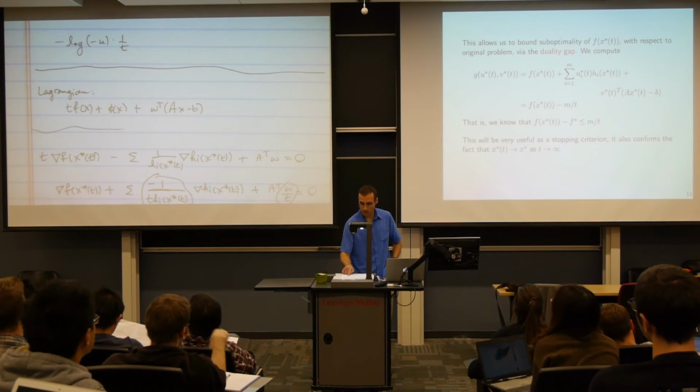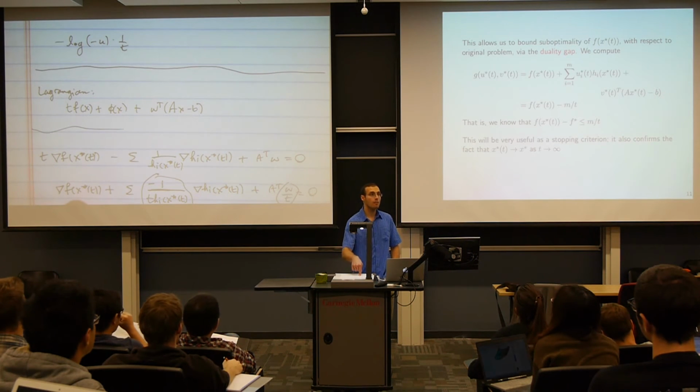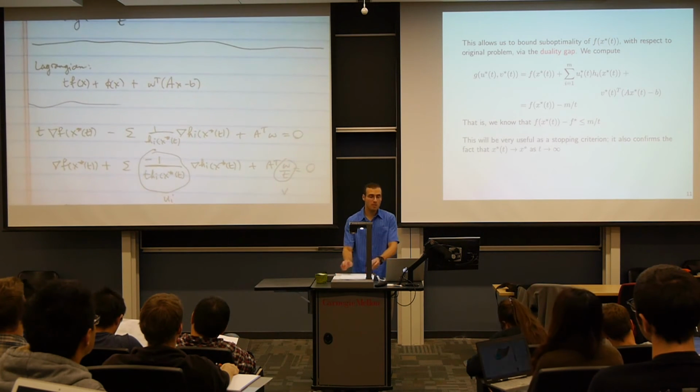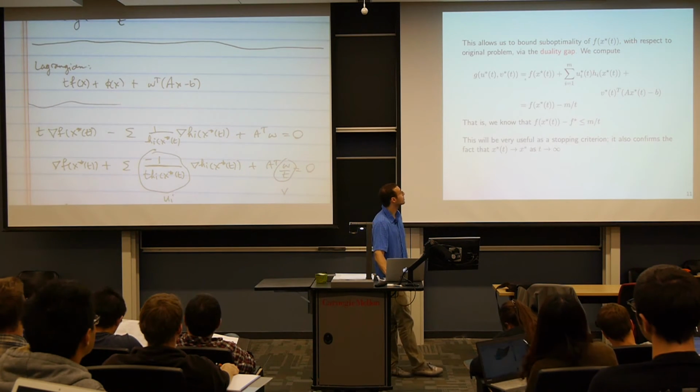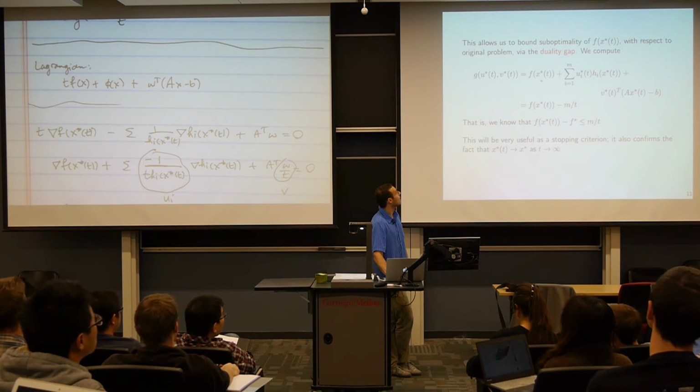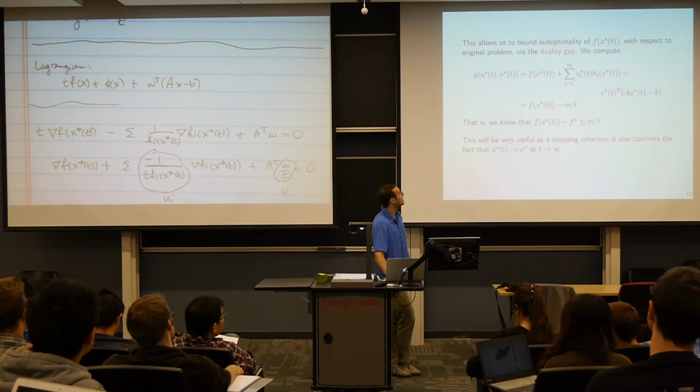This is what this condition is telling us. It's telling us that x star minimizes the Lagrangian at u star v star. So now I'm just evaluating the dual function, which is the Lagrangian. And that's just by construction, right? F at the point x times the sum of ui times hi of x plus v transpose ax minus b.